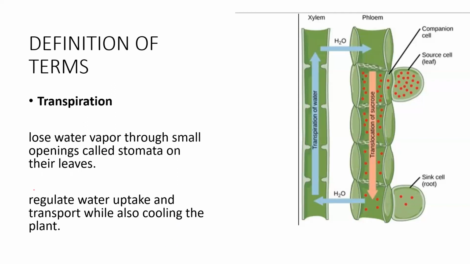Okay? So, kapag transpiration, this is the loss of water vapor through the small opening called the stomata. So, ang xylem is connected siya sa stomata ng plants natin.